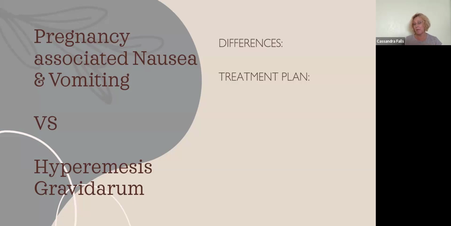We try that before we try medications. Pharmacological interventions are always a possibility, but not a first line go-to. Something that we see a lot of women trying is ginger, and ginger ale is perfectly safe.